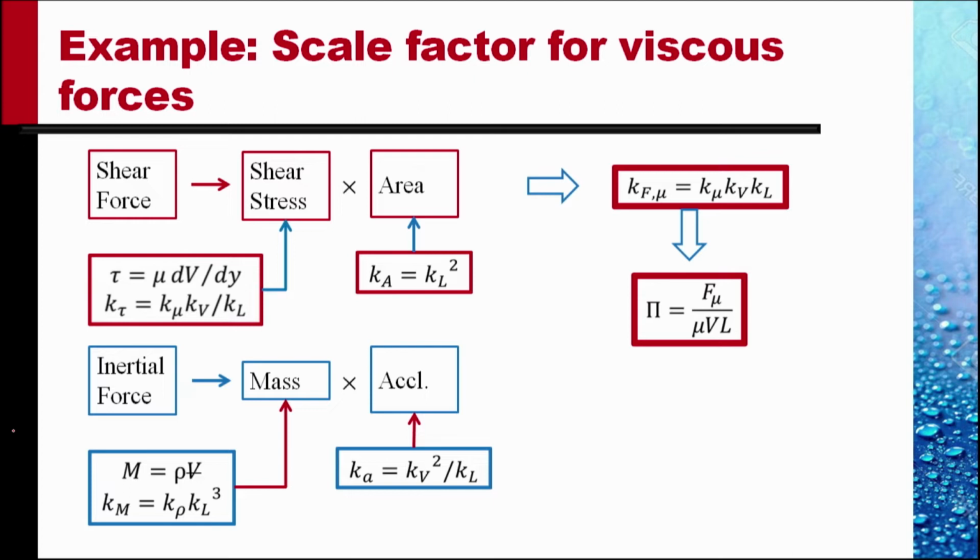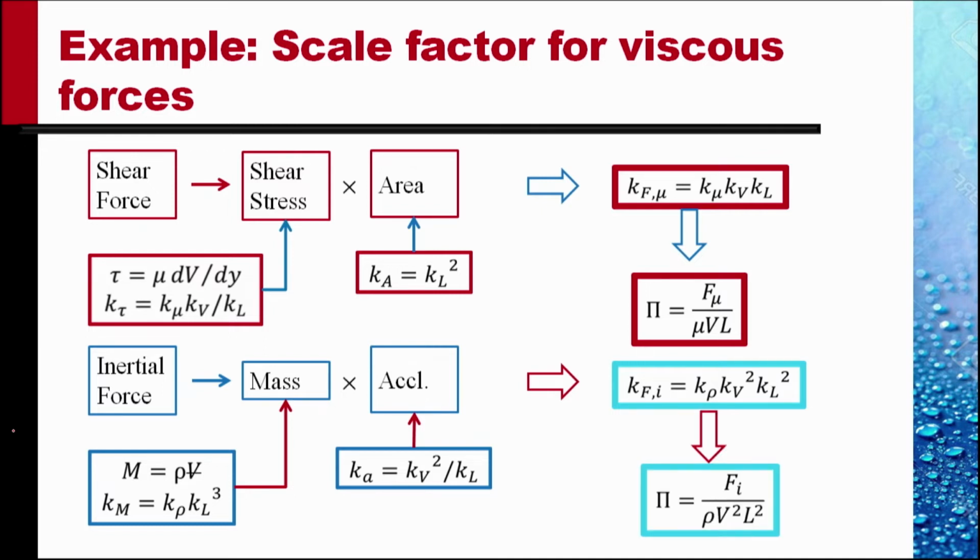This was all done in the last class. From this, we obtain K f inertial is K rho Kv square Kl square. And from this, I get the pi number Fi divided by rho V square L square. Now, the two scale factors must be equal.